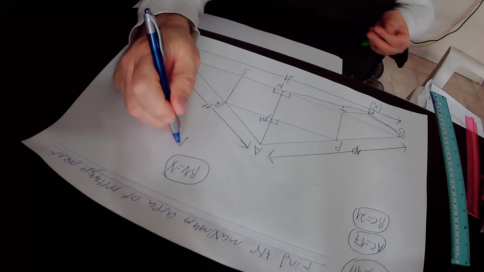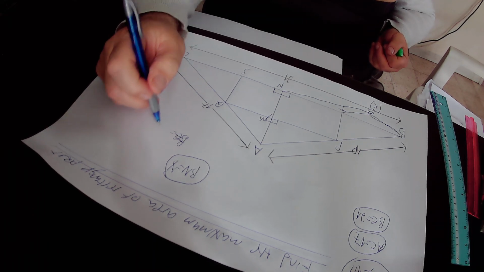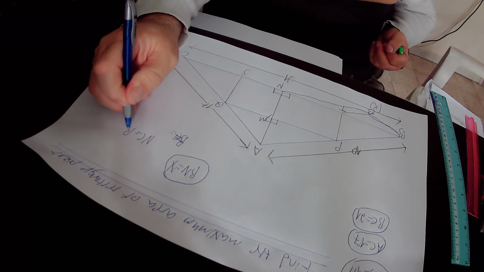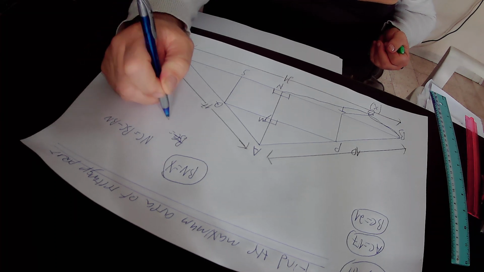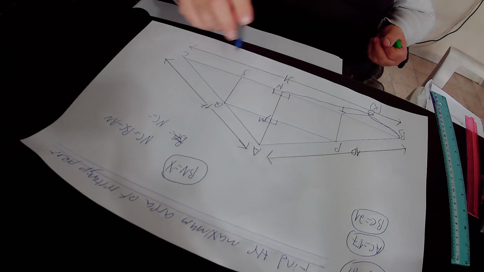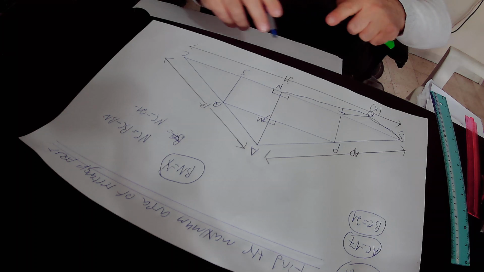So write it down: NC equals BC minus BN. NC equals BC, that is 21 units in its length according to what is given in the question, minus BN.